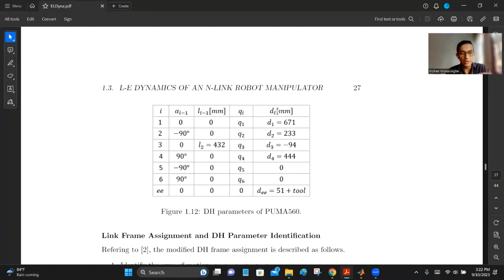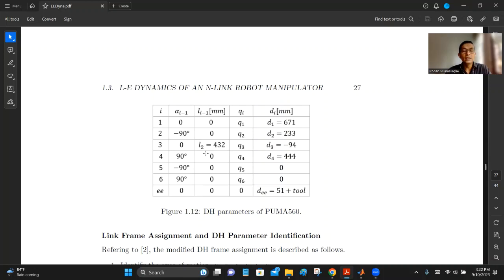Two parameters are in distances, millimeters here. The other two parameters are in angles. And Puma 560 is an all-rotary manipulator, so only the Q column is the variable column. All the variables are here, and the other numbers are all fixed.